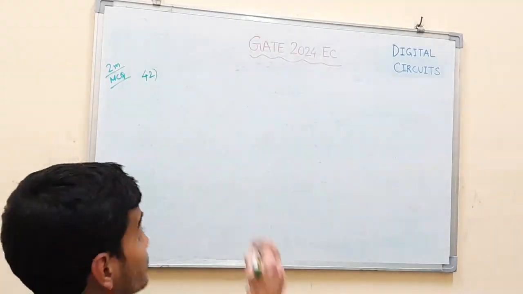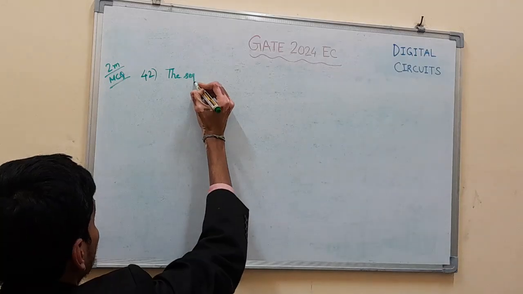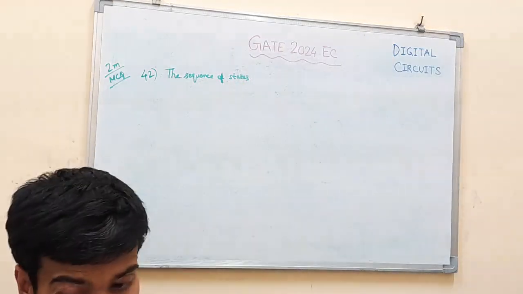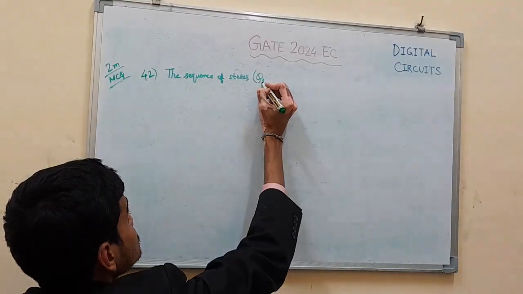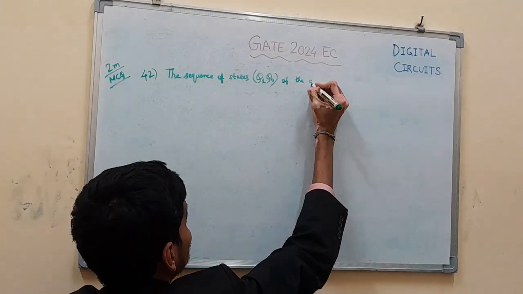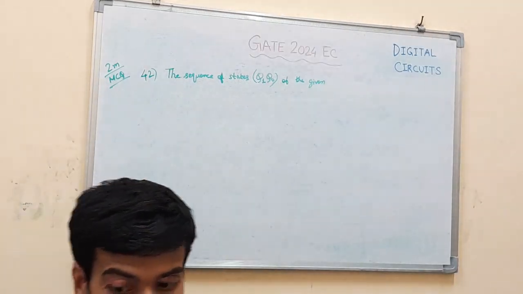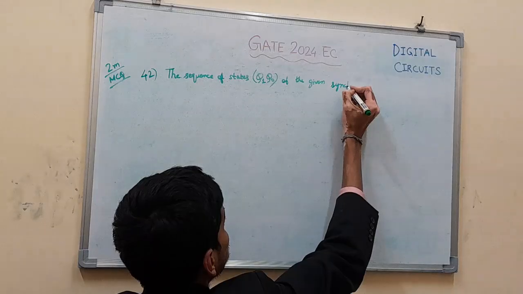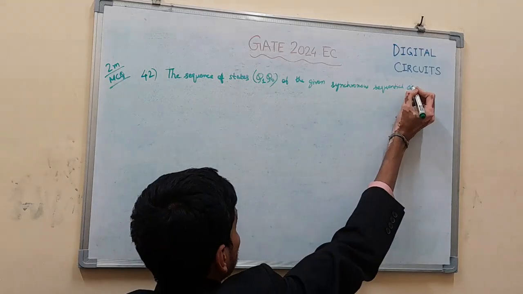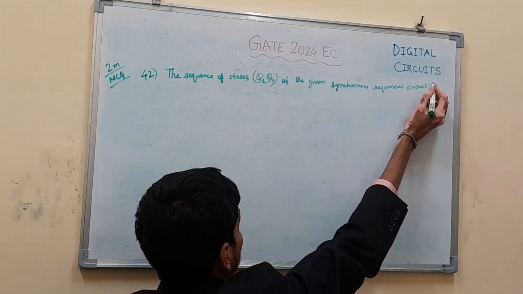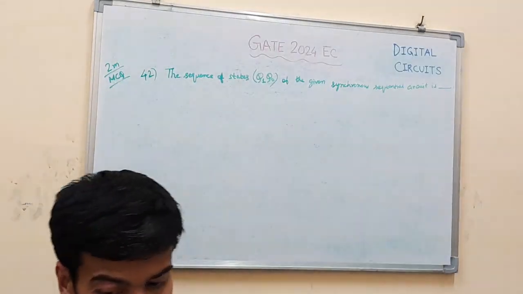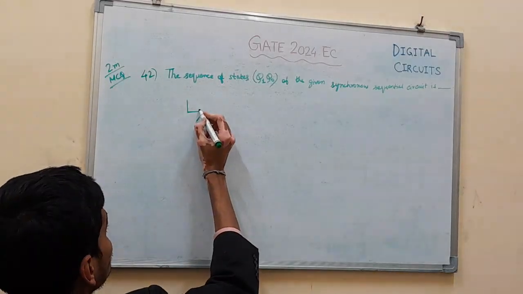It is given the sequence of states Q1 Q0 of the given synchronous sequential circuit. The circuit is given like this.